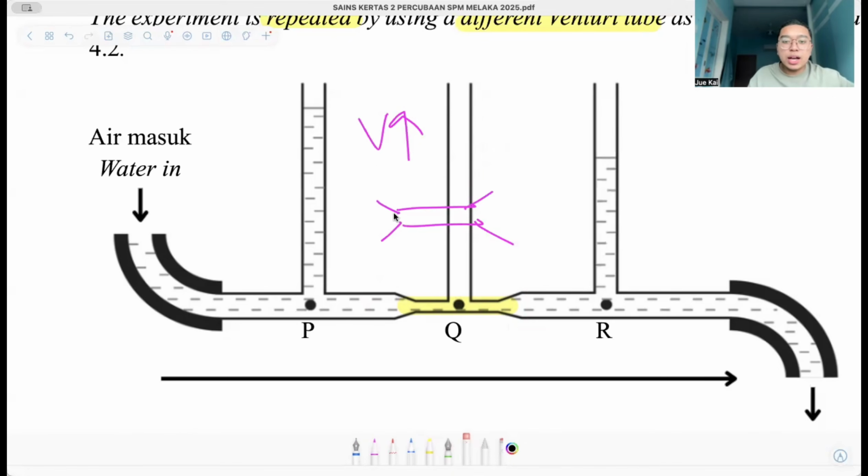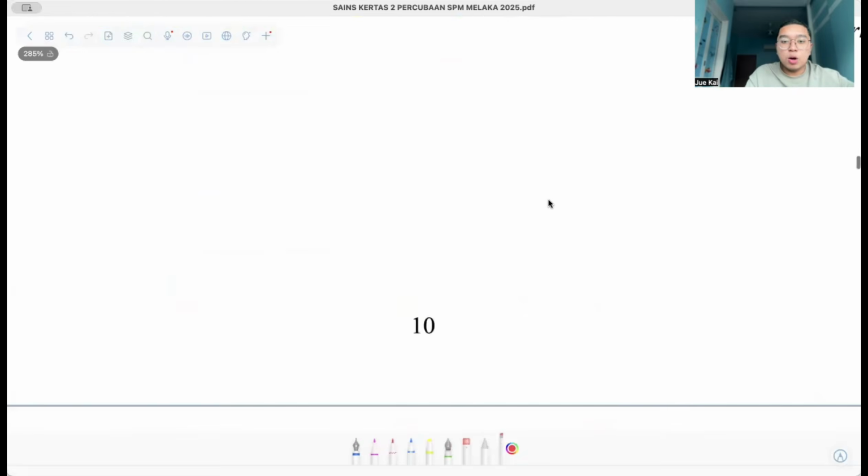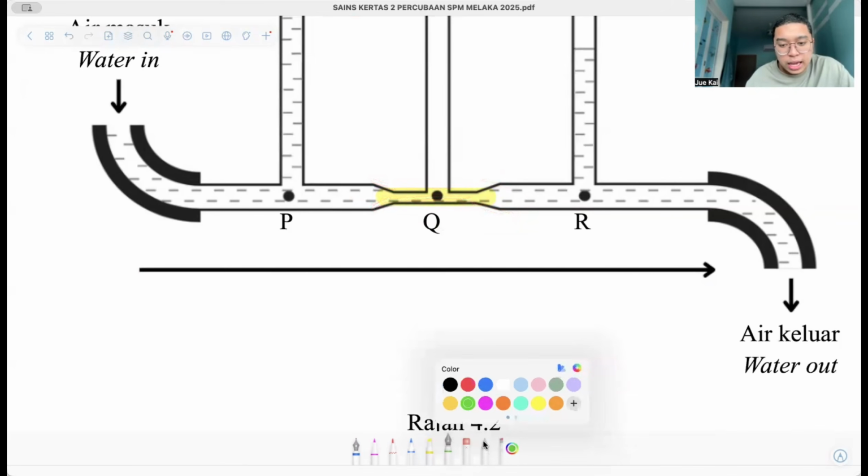So questions frequently ask about this one. They seldom ask about this one. They always like to ask this one. But however it comes out, we do it like this. So you can see that when I have this thing, the velocity is high. I use red color.